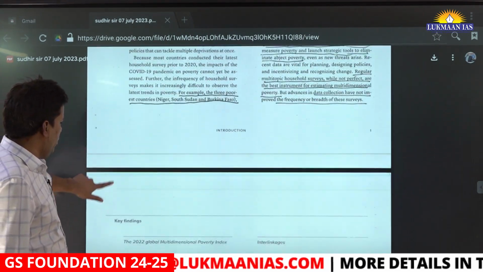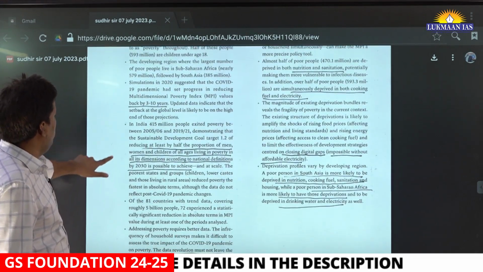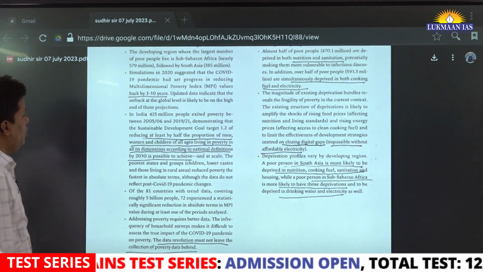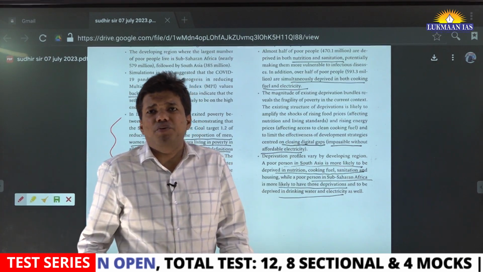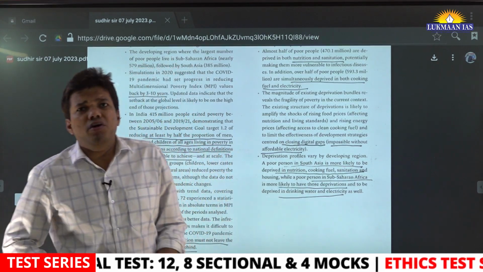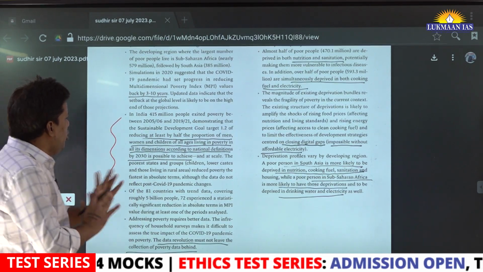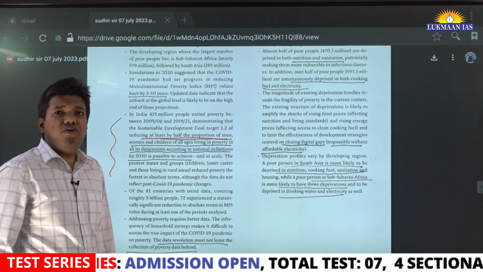Now let's talk about the poverty profile. Before we move on, you must also understand SDG 1, right? What is SDG 1? No poverty. What does it talk about? Reducing by at least half the proportion of men, women and children living in poverty.